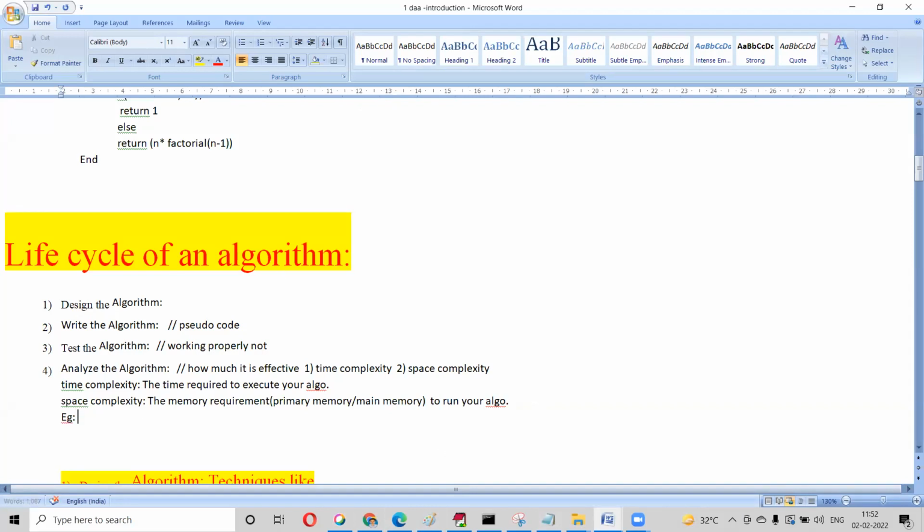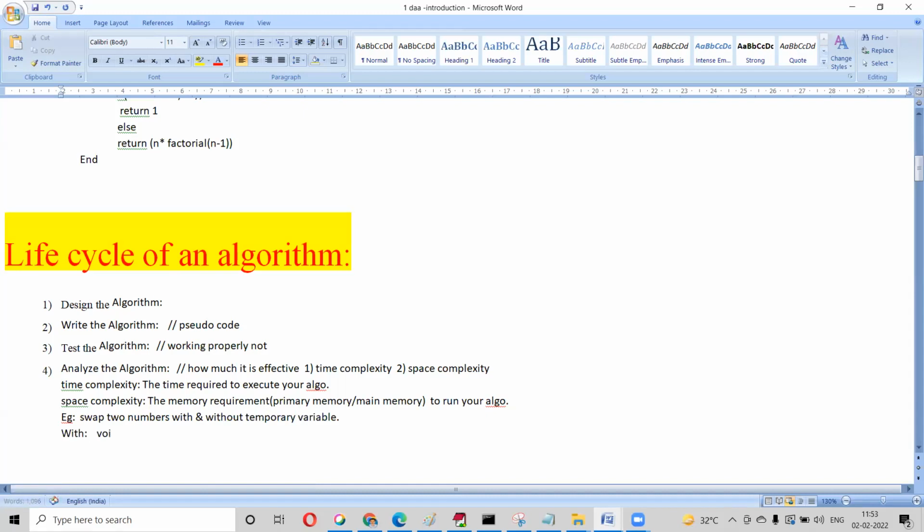So here I am writing swapping two numbers with and without a temporary variable. Suppose first with a temporary variable.